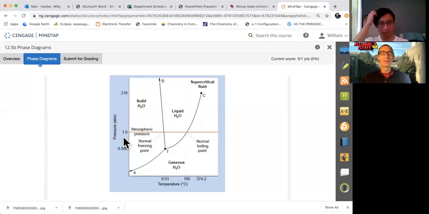This is atmospheric pressure 1, and the day-to-day variation of atmospheric pressure is minuscule. On a really great day you have slightly higher pressure, and on a really crappy weather day slightly lower pressure, but it's basically always at this line. So somewhere along this line is where you and I exist.